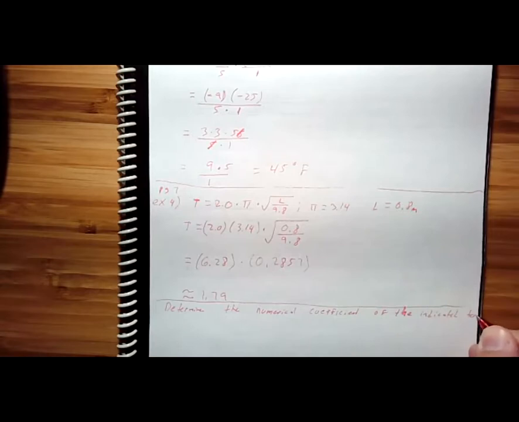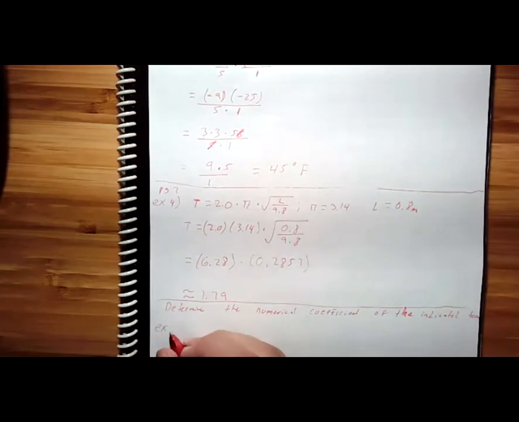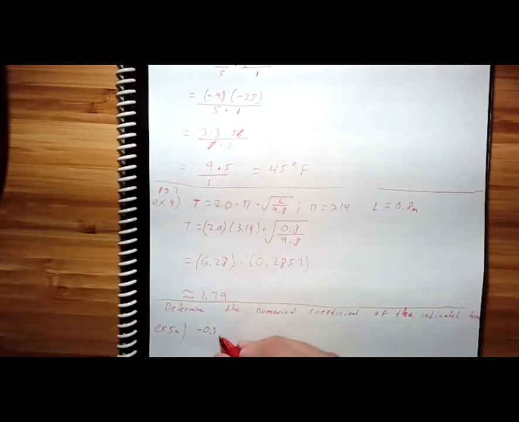So basically, they're going to tell you, what is the coefficient of this term or that term? That's all they're going to do. So example 5a, they give us a few terms, and they're going to ask us what is the coefficient of the first term.